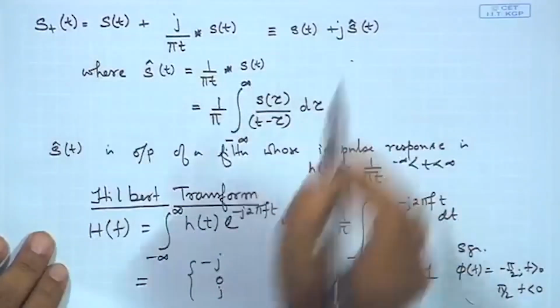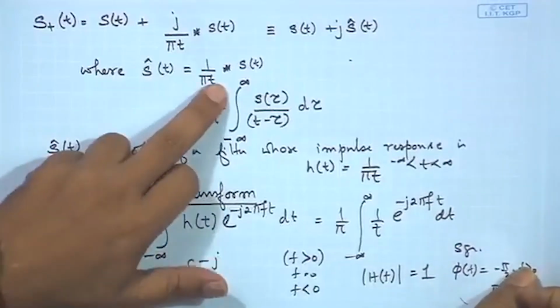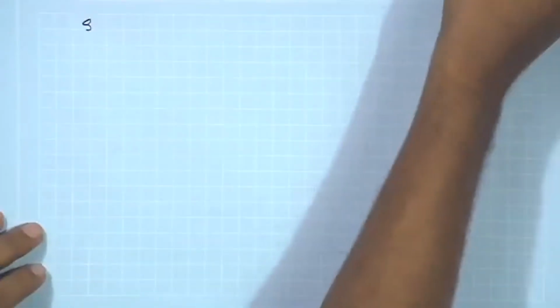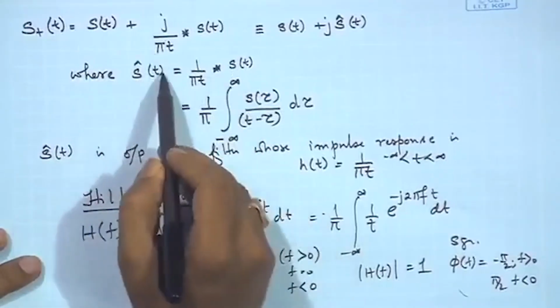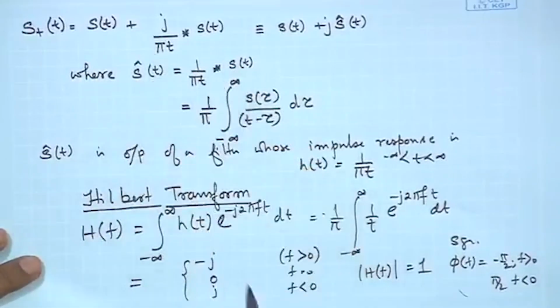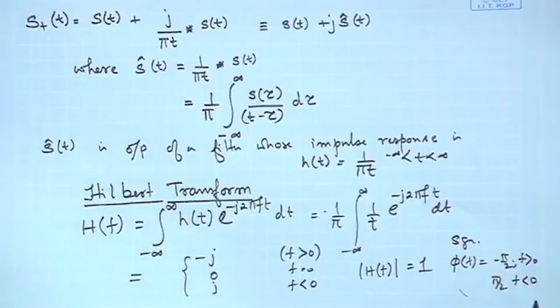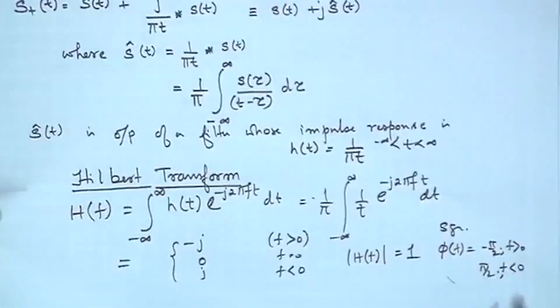Here we have with us the relationship that we were working on. This is the last term that we are trying to explore, and simply we have expanded here that this s cap of t is the Hilbert transform, which is given by this relationship of a filter where h of f is minus j for f greater than 0, j for f less than 0, and phase is given by minus pi by 2 and pi by 2 for different conditions of f, whether it is positive or negative values.